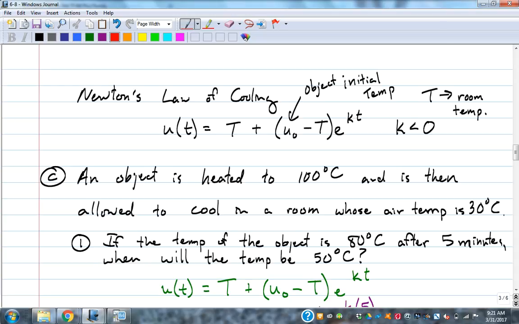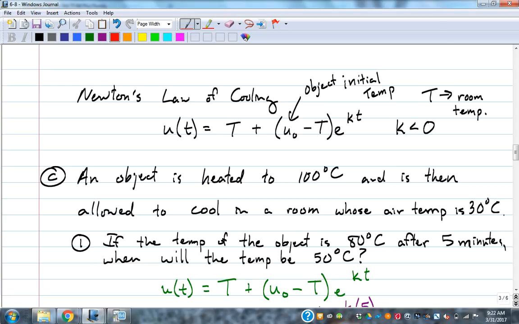U of t, lowercase t. Capital T in this problem is your room temperature. Lowercase t is time. U sub 0 is your object's original temperature.